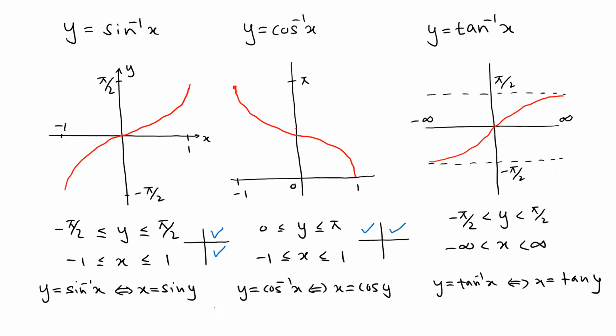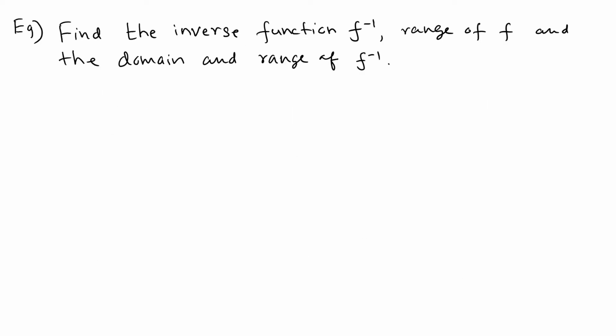Okay, so let's look at a problem and how we can use this idea to solve certain problems. Find the inverse function, the range of f, and the domain and range of f inverse. Let's look at the first part.